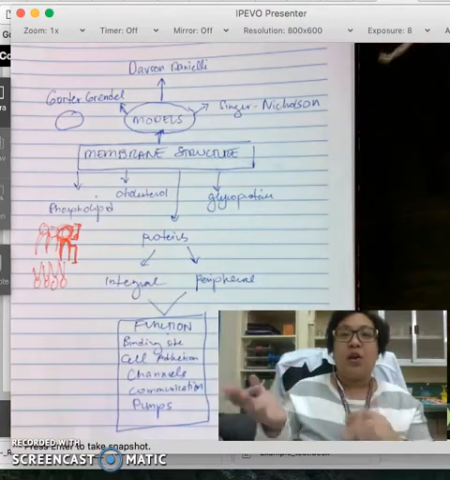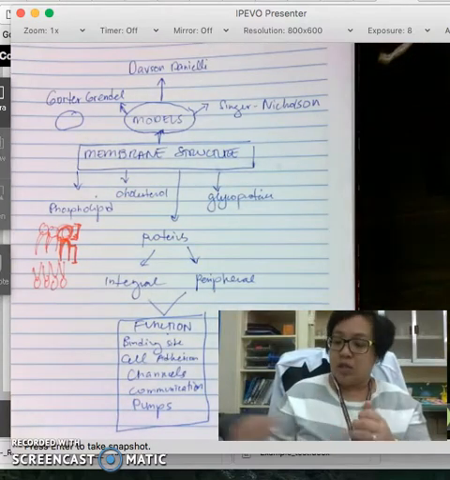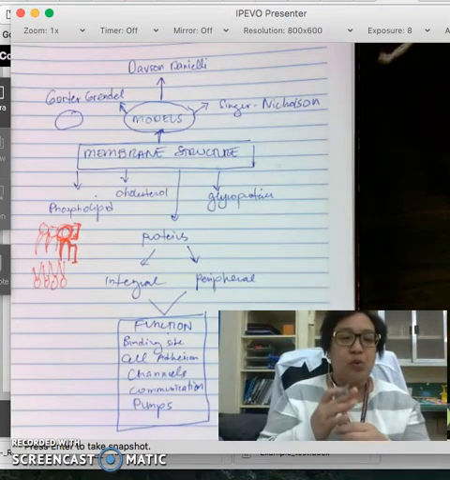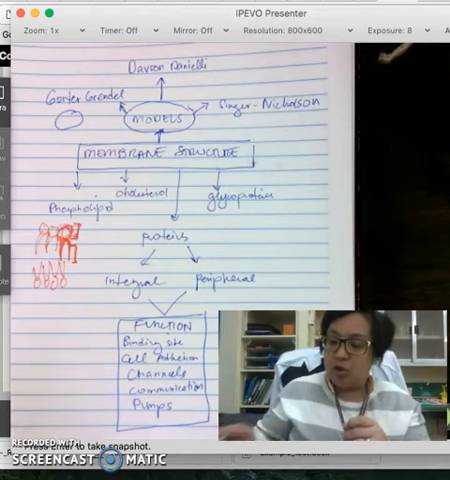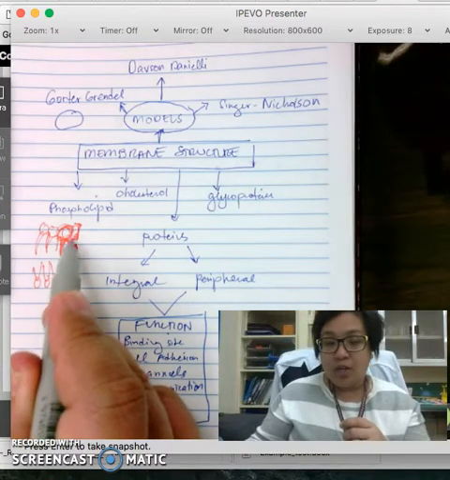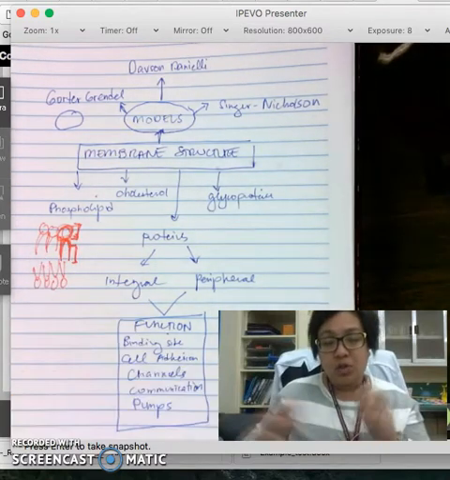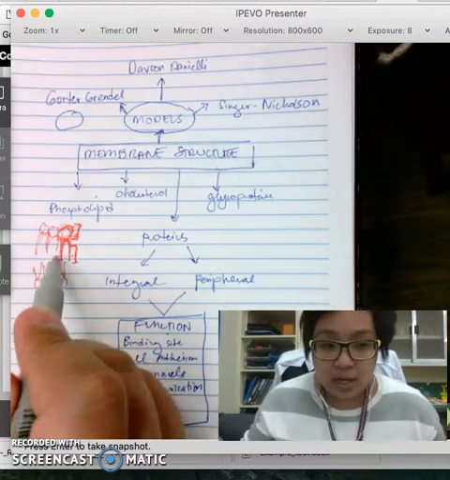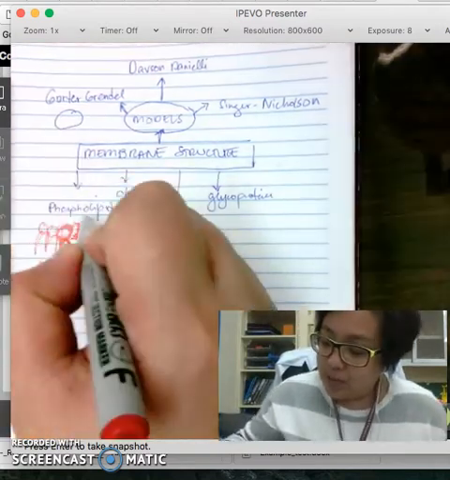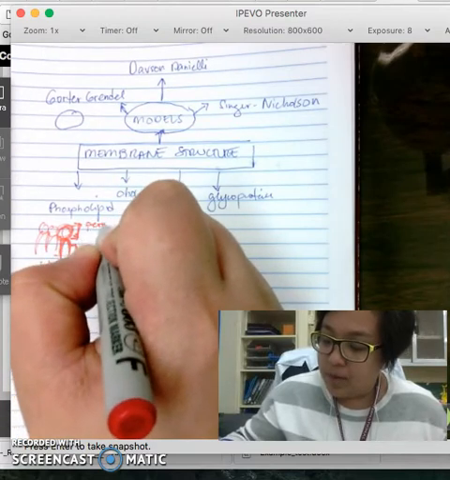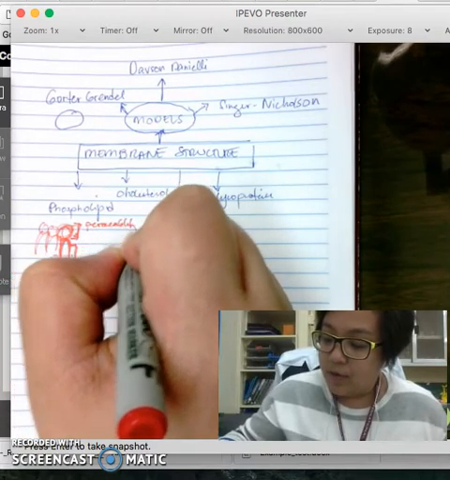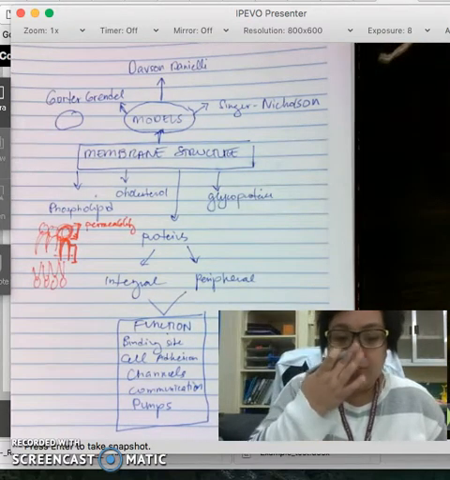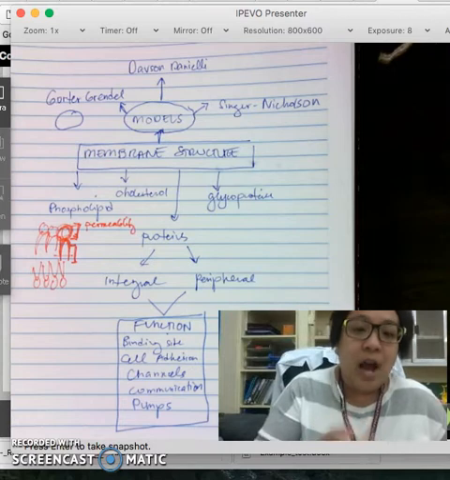Polar and non-polar molecules that need to pass through the cell membrane have different types of transport mechanisms to be able to cross the charged parts of your membrane, your hydrophilic heads and your hydrophobic tails. So phospholipid has something to do with the permeability of your cell membrane. It does not allow any kinds of substances to pass in and out of the cell.